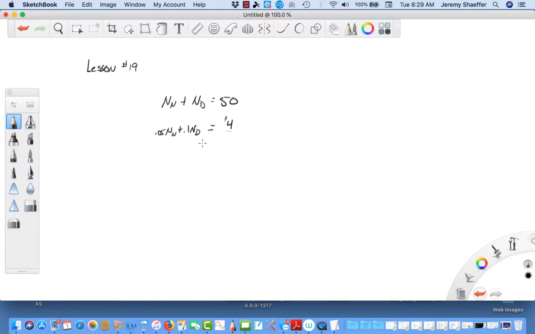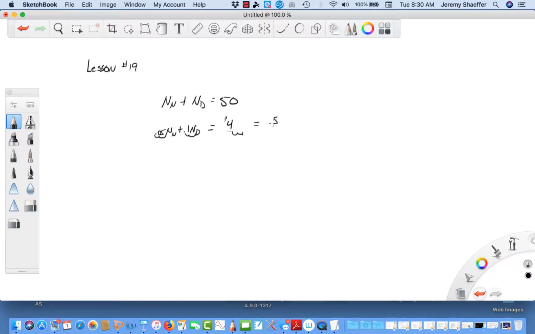Now we can either use substitution or elimination as far as this is concerned. Because we have decimal points here, we need to make it so that there are none. So equation B is going to be changed, and we are going to move the decimal point over 2 times there, over 2 times there, and over 2 times here.